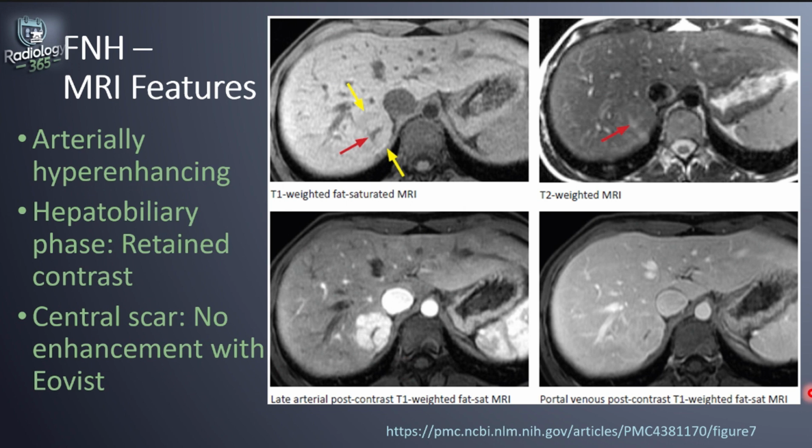So these images show us a case of focal nodular hyperplasia, and the T1 weighted MRI shows a barely perceptible mass in the right lobe of the liver here. It's barely perceptible. It could even be passed as normal, but the other imaging sequences would point it out and let us know retrospectively that there's actually a mass there.